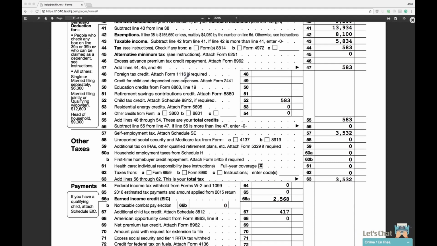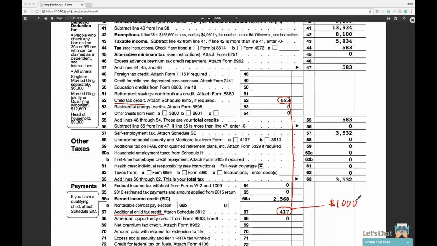People are like, oh, well, I didn't get my $1,000. Where are my $1,000 per kid? Check it out. Child tax credit. This is non-refundable, $583. Additional child tax credit, the refundable part, $417. When you add them up, you have $1,000.